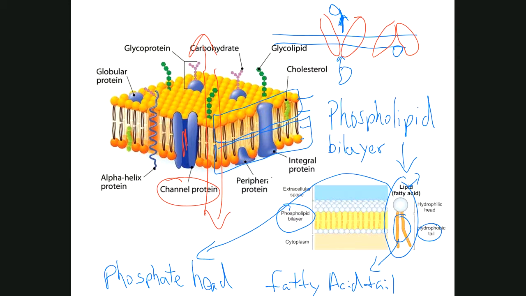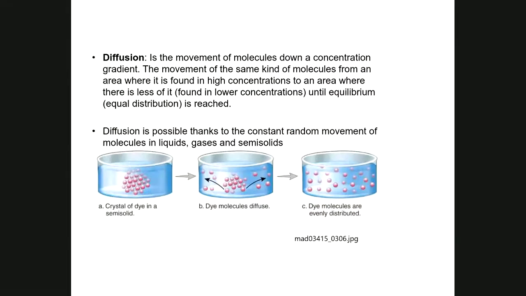All right, so I'm going to formally define for you the term diffusion. And that is the movement of molecules down a concentration gradient, right? What we mean by down a concentration gradient is that the molecule is moving from where it's found in large concentrations to where it's found in little or no concentration. It's absent.